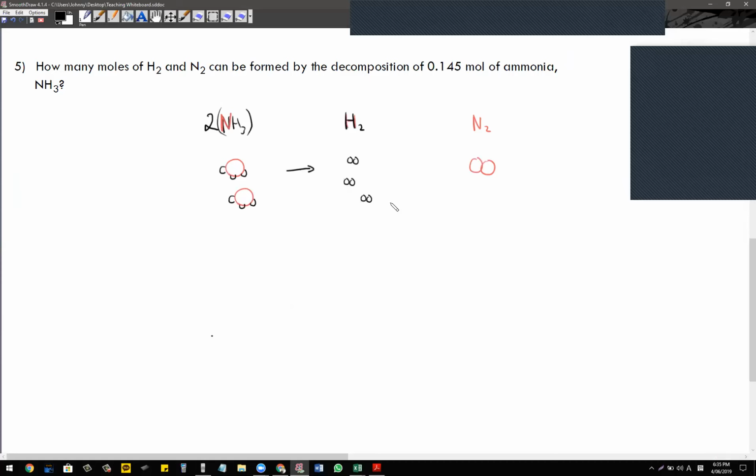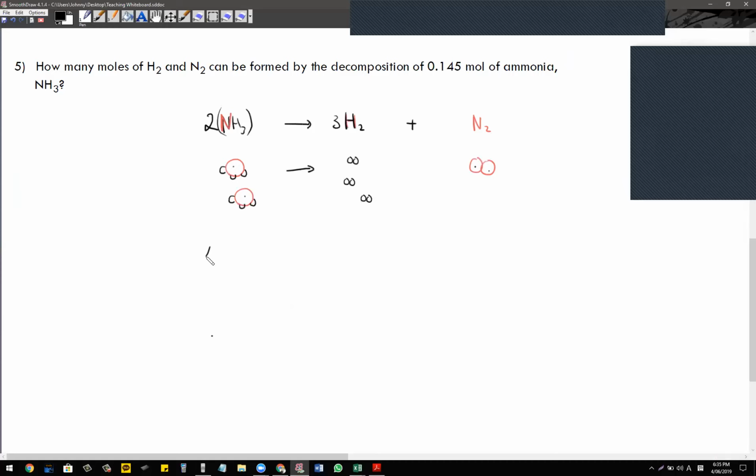That makes it 6, right? And that's 1 nitrogen, so 1 nitrogen, so that's all happy, right? So that means the balanced equation is 2NH3 becomes 3H2 and then 1 nitrogen, like that. Okay, so that's the balanced equation.